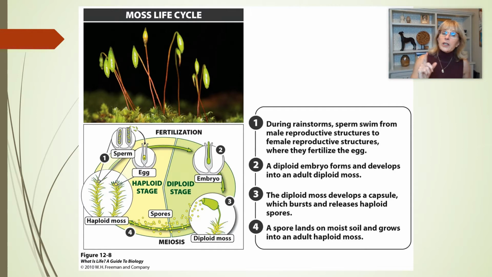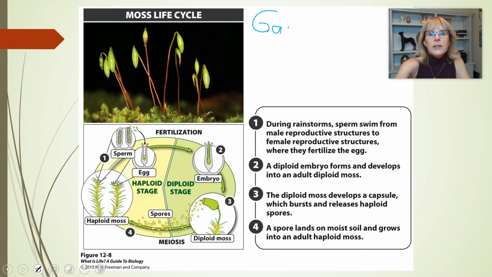What you are feeling with moss is the haploid gametophyte generation. That is unusual. In all of the rest of the plants on planet Earth, it is the sporophyte that is dominant, because it is very useful to be diploid. If you are diploid, you get to pick two different copies of every gene. So if you get a bad gene, you've still got a good gene to go with.